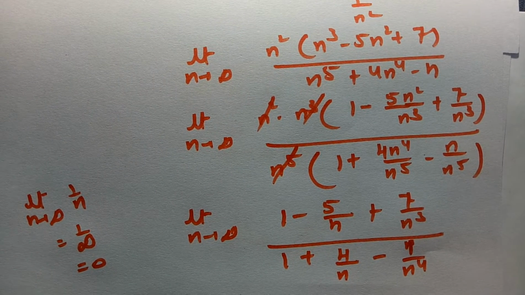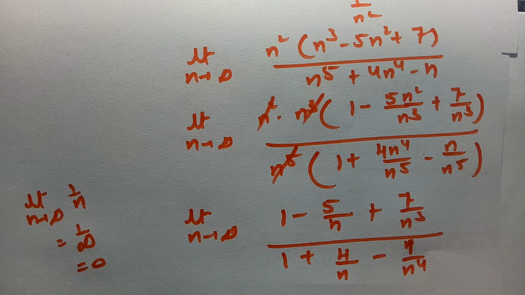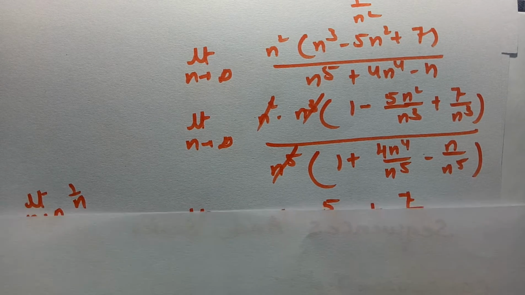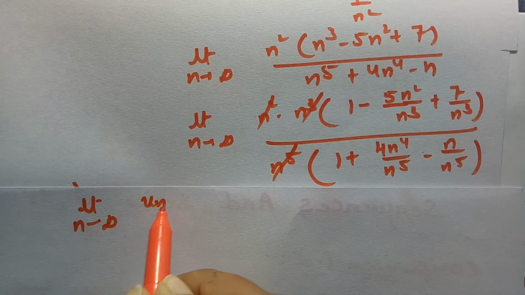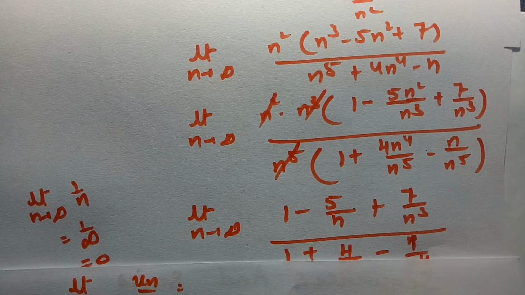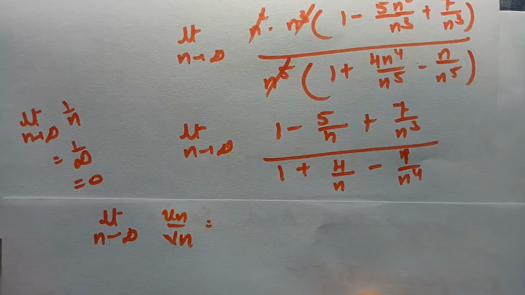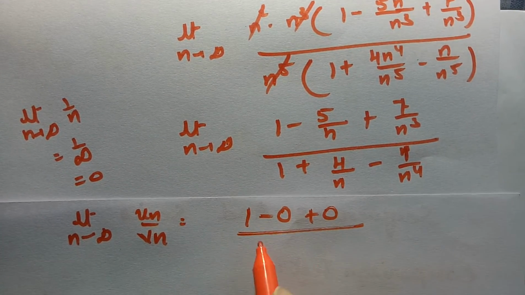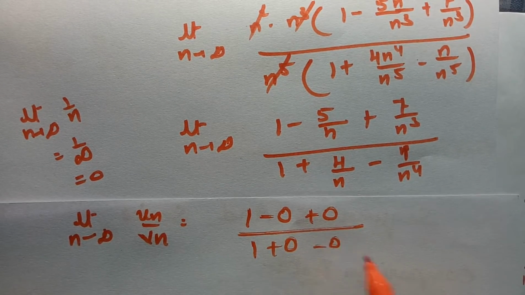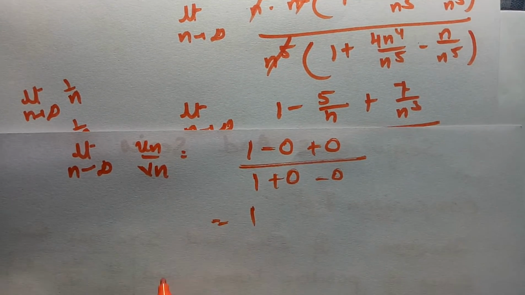So what is left over? According to our problem, we have calculated limit n tends to infinity u_n by v_n. Our value will be 1 minus 0 plus 0 by 1 plus 0 minus 0. So the value is 1.